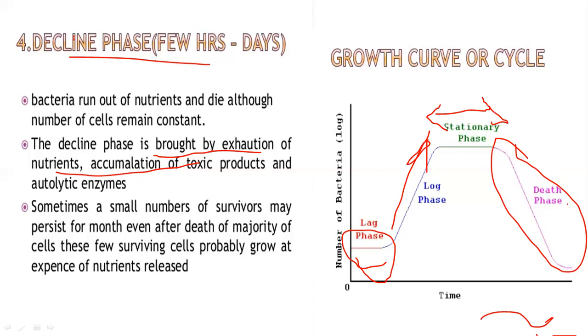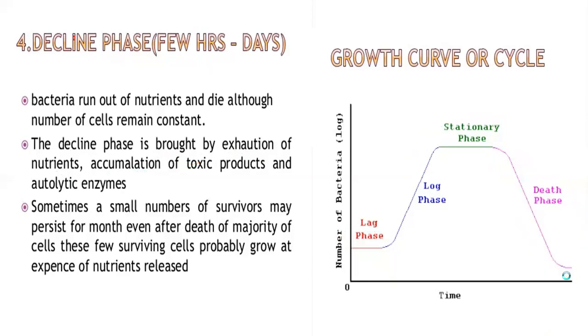Then, due to depletion of nutrients, cells are dying more than they are dividing, so we reach the decline phase, where the cells are dying completely.